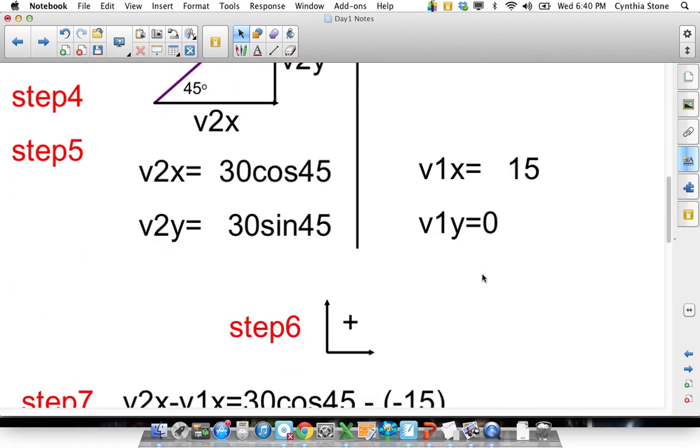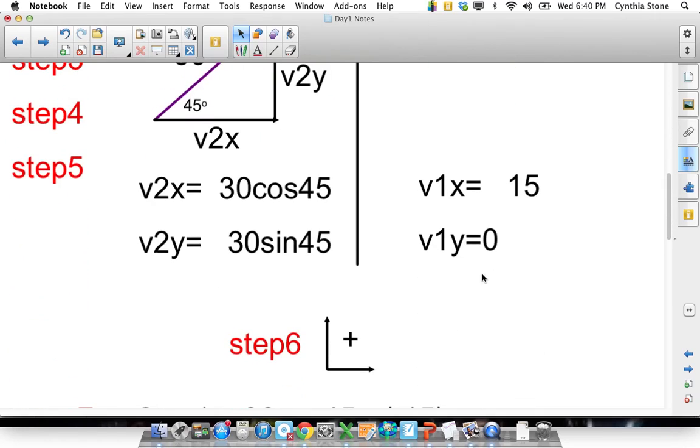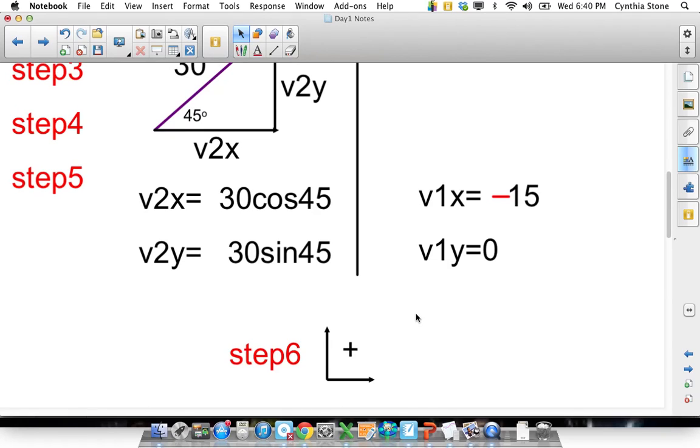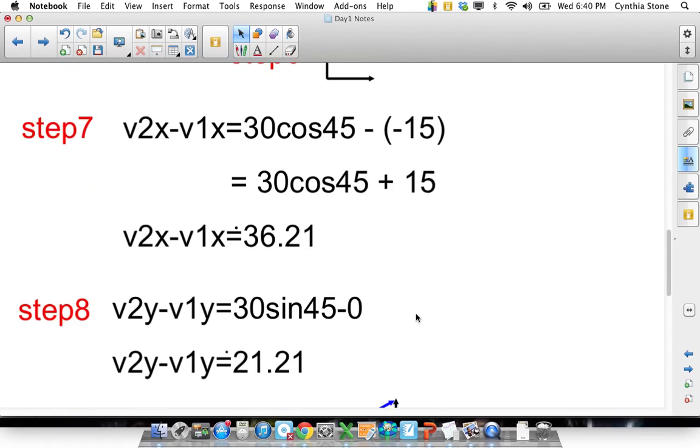So looking at my positive directions, what's positive and what's not. Since I said north and east were positive, both of these are positive, but my 15 is negative. So I'm just going to draw a little negative sign in there. So it's in the west direction. Okay.